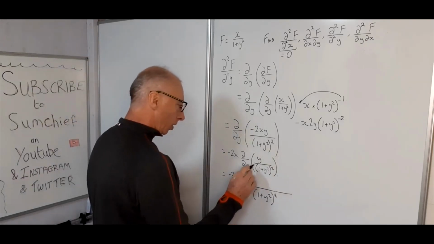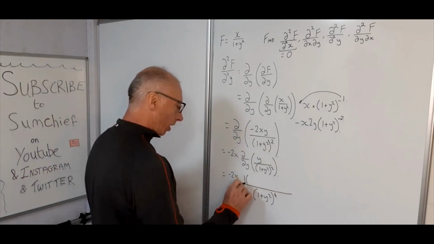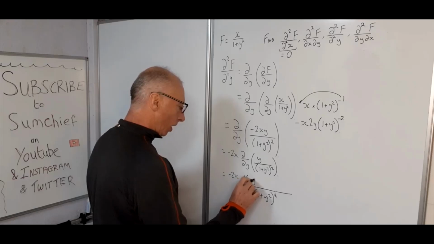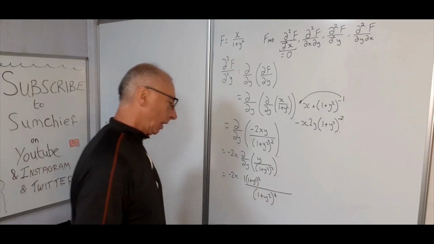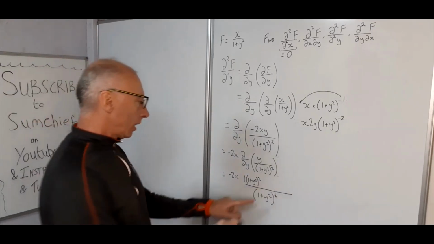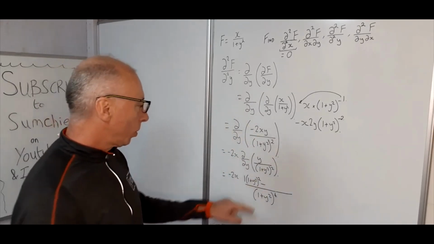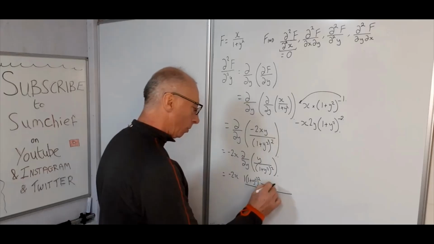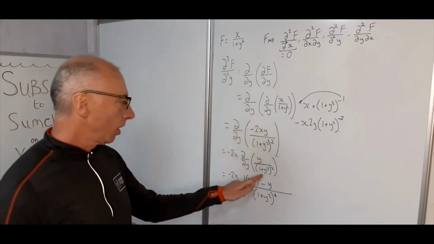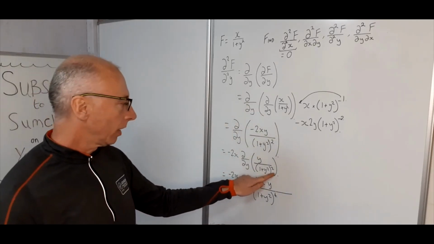So we want the partial of y, which is just 1 times 1 plus y squared squared, and then we subtract. Our y will stay, and then we multiply that by the derivative of 1 plus y squared squared.